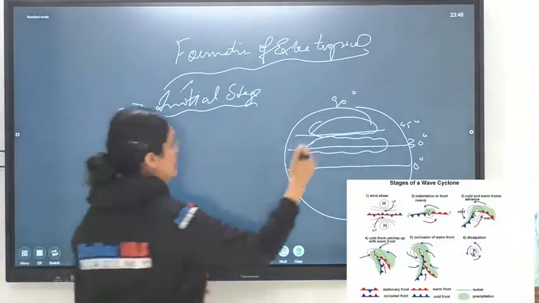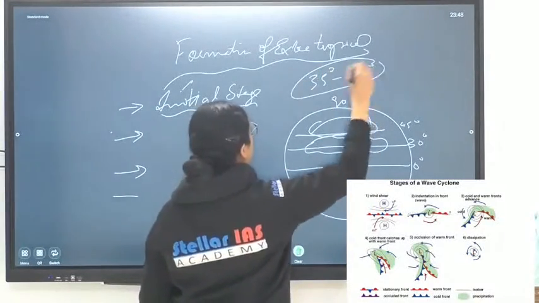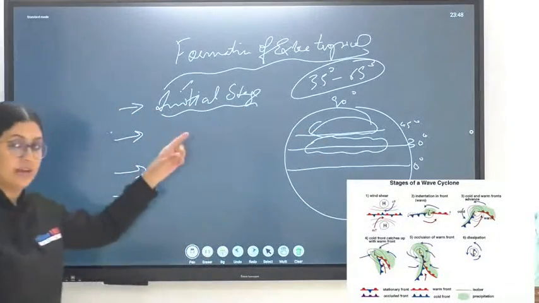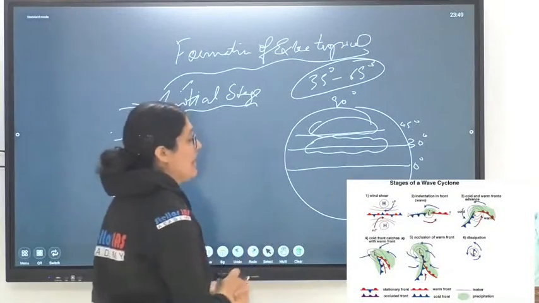So these two belts, mind you, are covered in the 35 degree to 65 degree latitude that we had talked about earlier, okay. So these are the middle and higher latitudes.